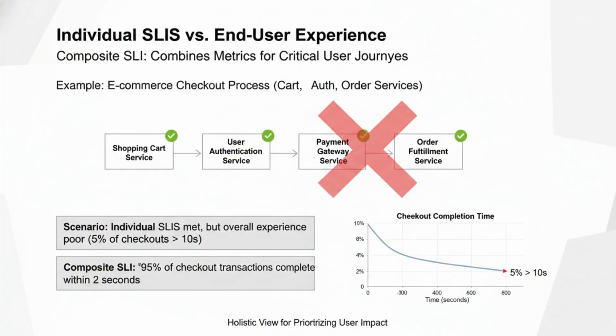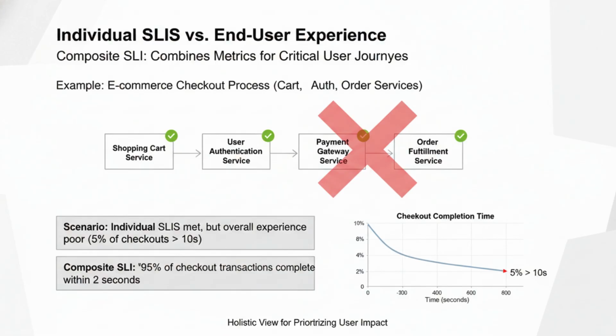While individual service SLIs are invaluable for component-level health, they often don't paint the full picture of the end-user experience. This is where the concept of composite SLIs becomes essential. A composite SLI combines metrics from multiple microservices to measure the performance of a critical end-to-end user journey. Consider an e-commerce checkout process.